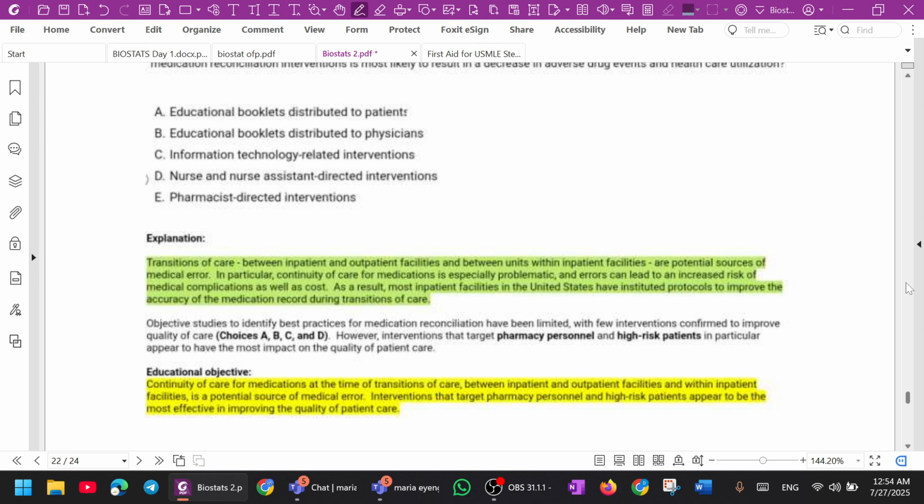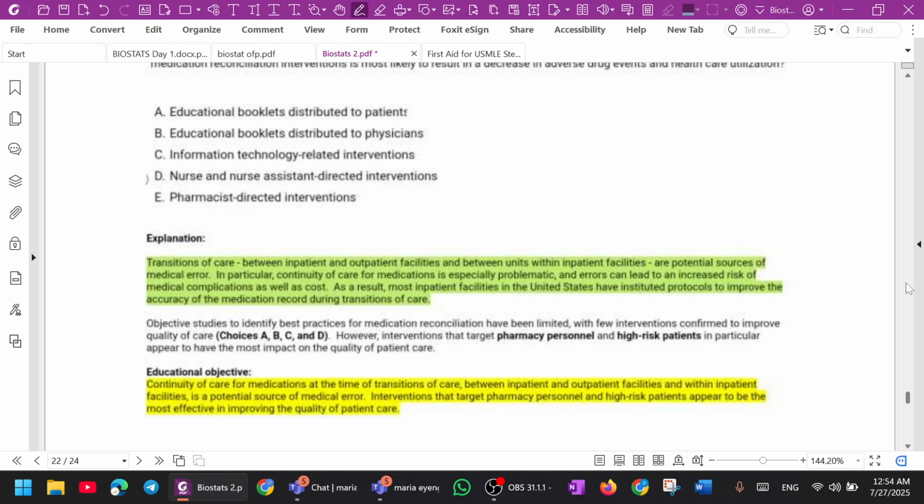Quality. Transitions of care between inpatient and outpatient facilities and between units within inpatient facilities are potential sources of medical error. In particular, continuity of care for medications is specifically problematic, and errors can lead to an increased risk of medical complications as well as cost.